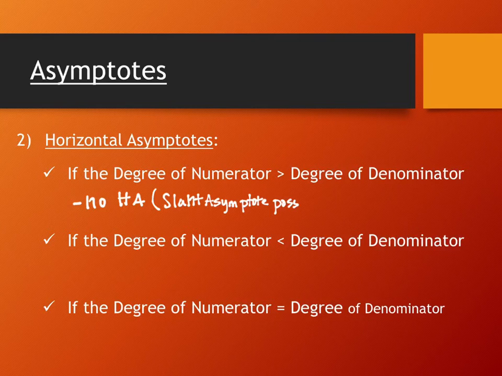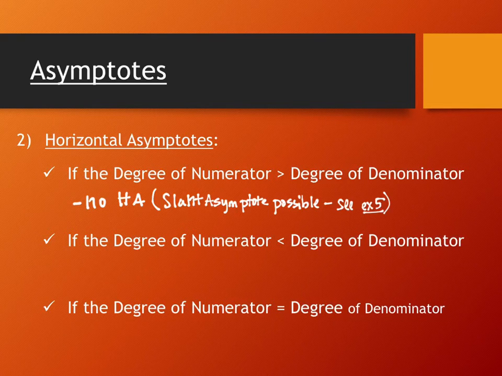And if there is, I'm going to show you how to deal with that one. For right now, I'm just going to write see example 5, because we are going to encounter an example of that later on. But there is no horizontal asymptote. Okay, degree on top is bigger, no horizontal asymptote.